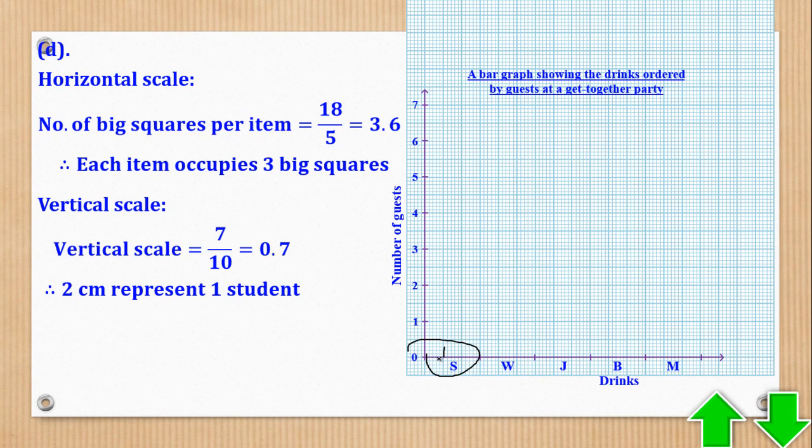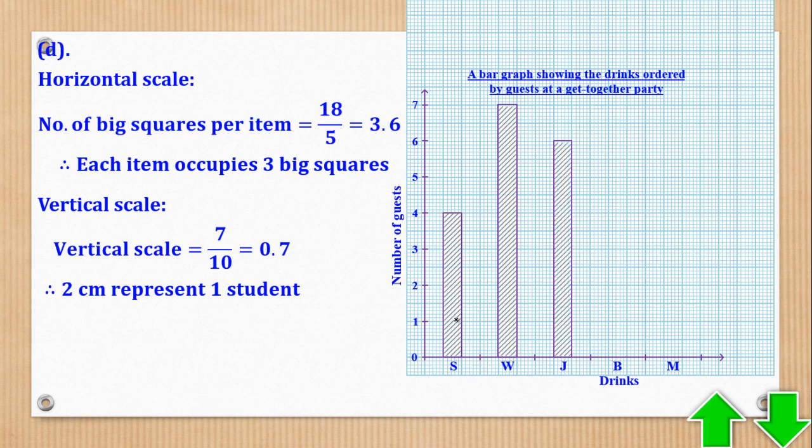Since these are already demarcated into 3, we shall take the middle one to get the bar. So I'll put 4 there for the first one. The next one was 7. Next one was 6. Next one was 2. And the last one was 5. Shading is optional, but it is good for a bar graph.